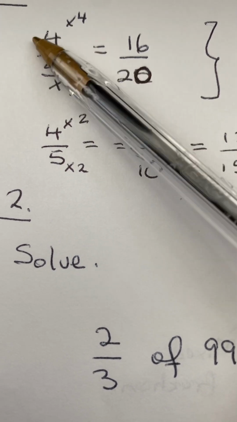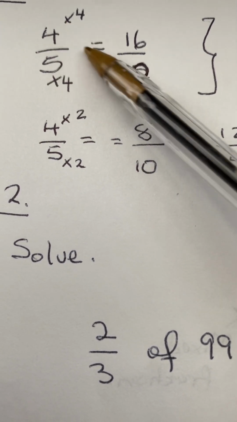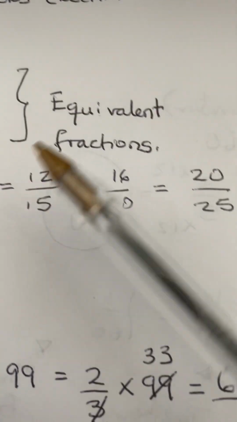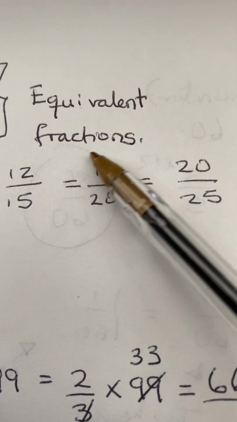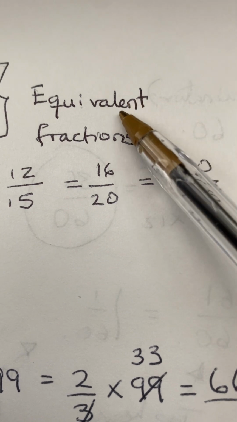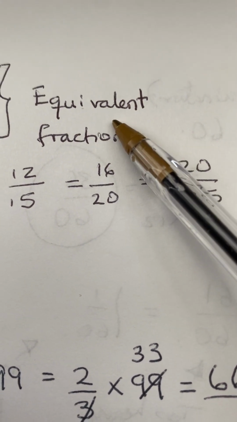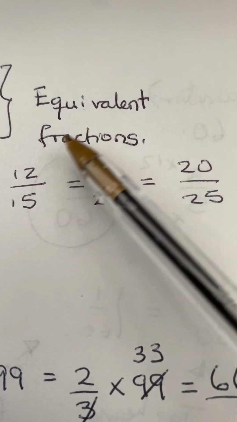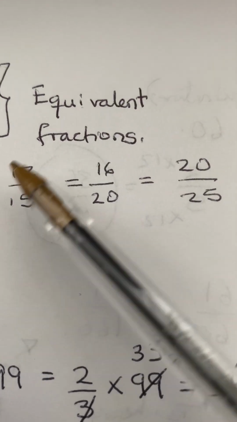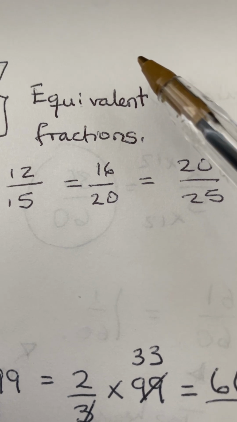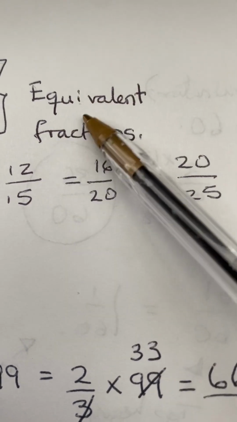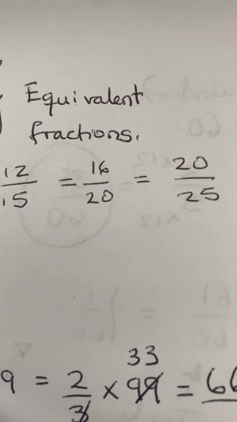So here we have a fraction, 4/5. To make it an equivalent fraction: an equivalent fraction just means that if you reduce that fraction to its lowest or simplest form, it's still the same fraction. If they have common factors, you can reduce them.